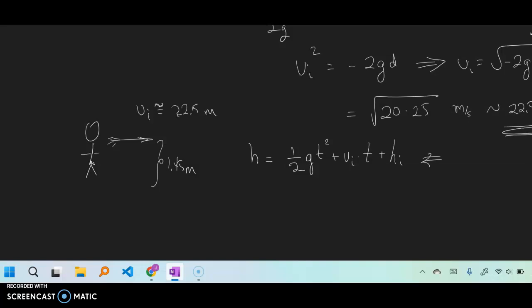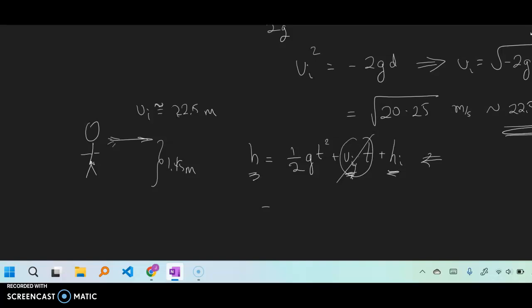Here the VI is the initial velocity in the y direction, going downward, so it starts out as 0 when I launch my arrow. The h minus hi is going to be 1.45 meters, and since h is 0 when it hits the ground, h minus hi will be a negative number.